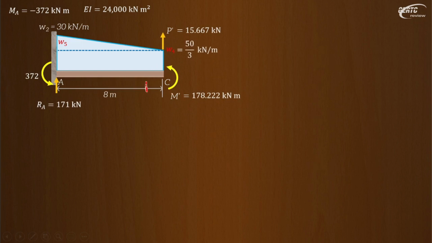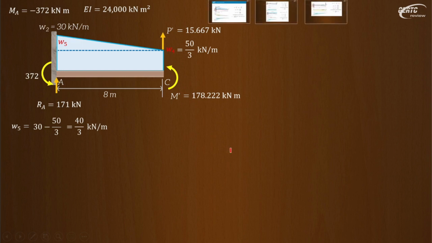So now we have a cantilever beam loaded with a uniform load, a uniformly varying load, a concentrated load, and an applied moment at C. Before that, we will compute first W5. W5 will be 30 minus 50 over 3. So that's 40 over 3 kilonewton per meter.